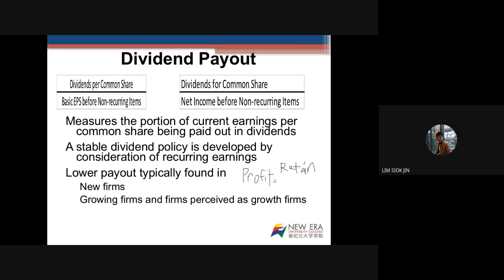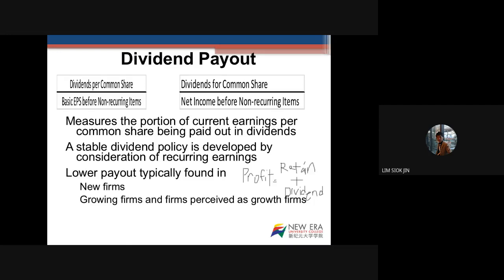And another decision is how much to give out as dividend. Okay, they have to make two very important decisions. How much to keep and how much to pay back to give to the owner.